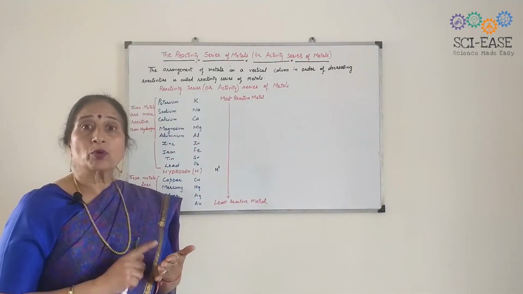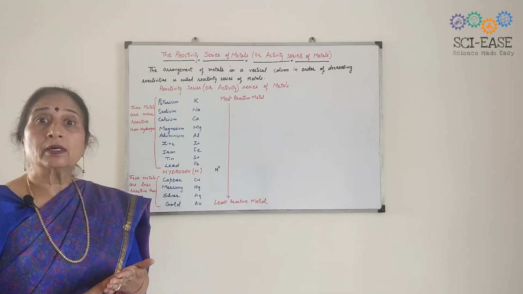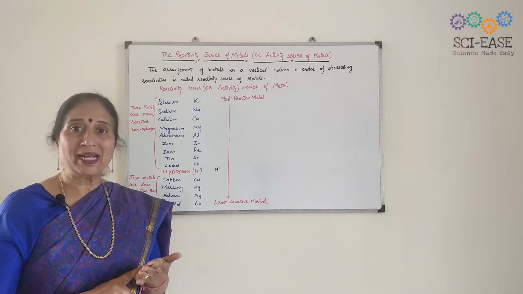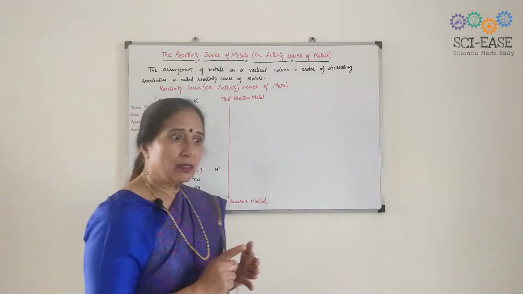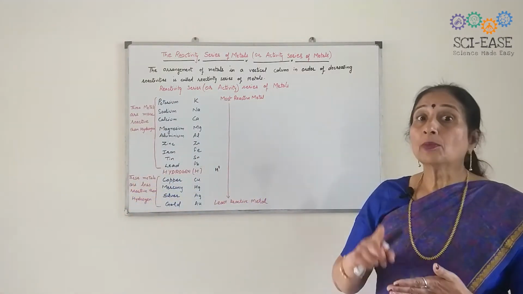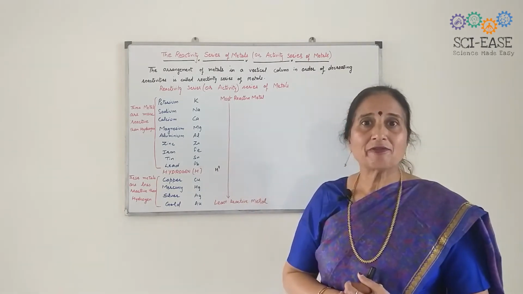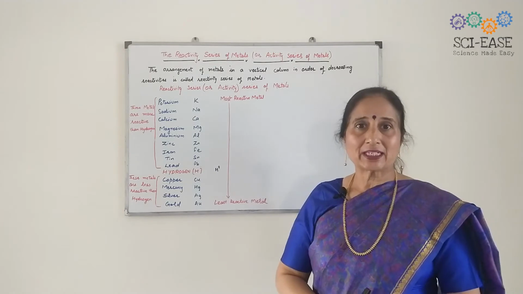In the next video I am going to tell you about the reaction of metals and non-metals with salt solution. There, only the more reactive metal can displace the less reactive one. Less reactive metal cannot displace the more reactive one.